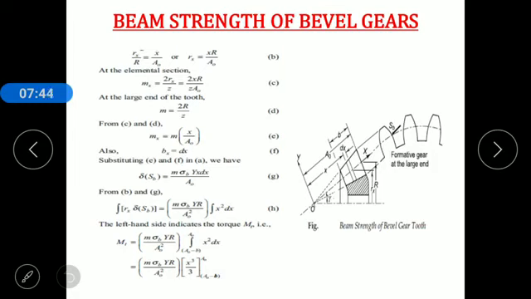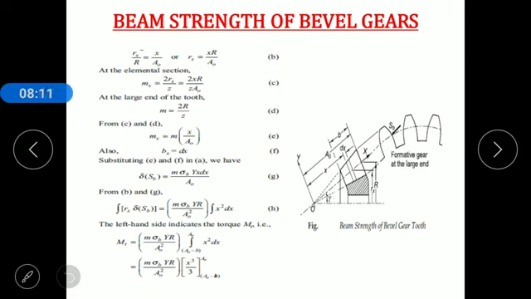Simplify that relation. Integration of R x delta SB is equal to m sigma by r divided by AO square. These all terms are constant. Integration x square into dx. Consider equation H. As we discussed, the left hand side indicates the torque, meaning the tangential force into the radius, that is M suffix t.